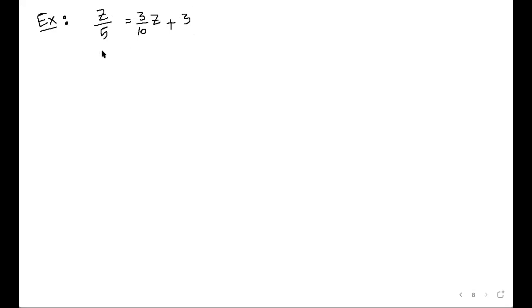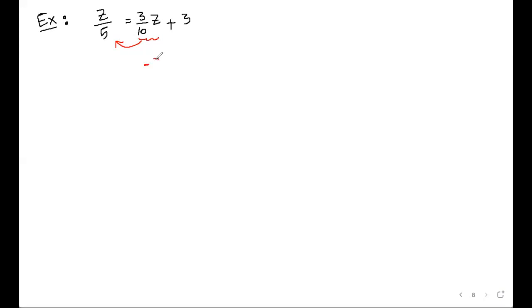So now, how can we solve these things? Like I said before, we move all the variables to one side, all the numbers to the other side. So how can I move this one to this side? What do I have to do? Subtract, right?